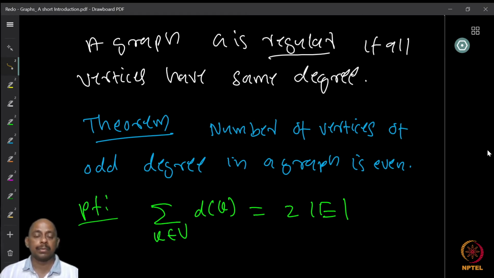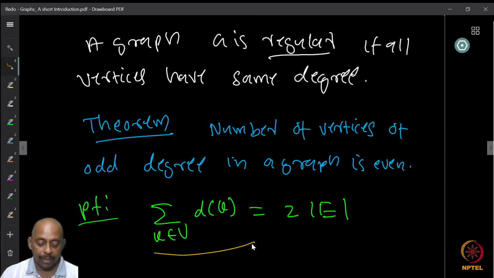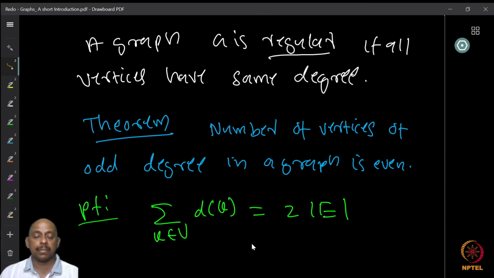Now e contributes to the degree sum. We are looking at the degree sum, and in this degree sum, the contribution of an edge is basically 2 because it contributes 1 to one of the endpoints and another 1 to the other endpoint.